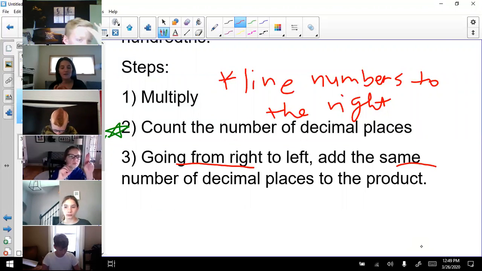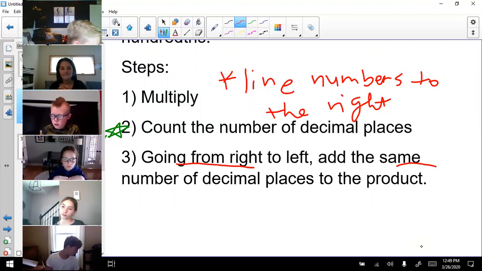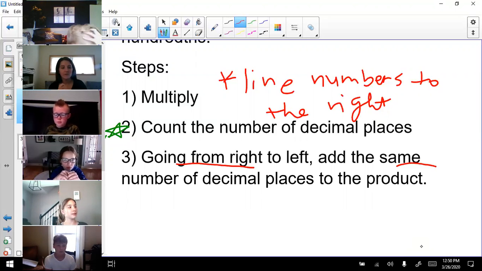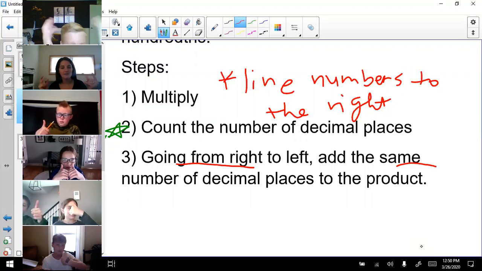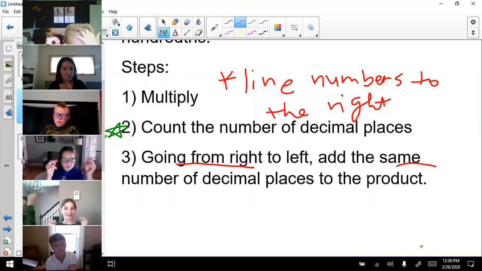Why would the decimal point go there? Connor, why would the decimal point go there? Because if there's 2 spots, you have to move the decimal 2 spots, which equals 100.96. You got that? Give me a thumbs up. Awesome. All right, snaps for Connor. Okay, let's go ahead and go to the next one.